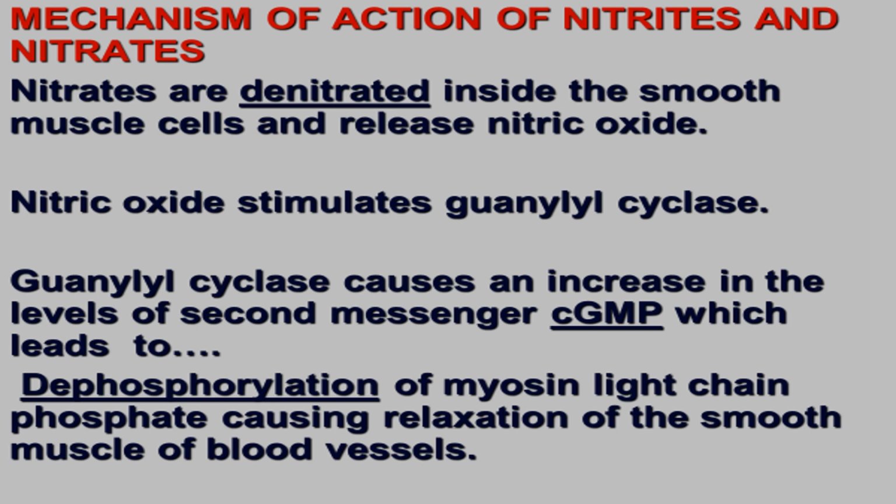Now what does it do? You all know by now. Guanylyl cyclase causes an increase in the cGMP, which leads to dephosphorylation of myosin light chain phosphate, causing relaxation of the smooth muscle of blood vessels, and ultimately you get a bigger diameter of the artery, somewhat more blood flow, and relaxed arteries, right?